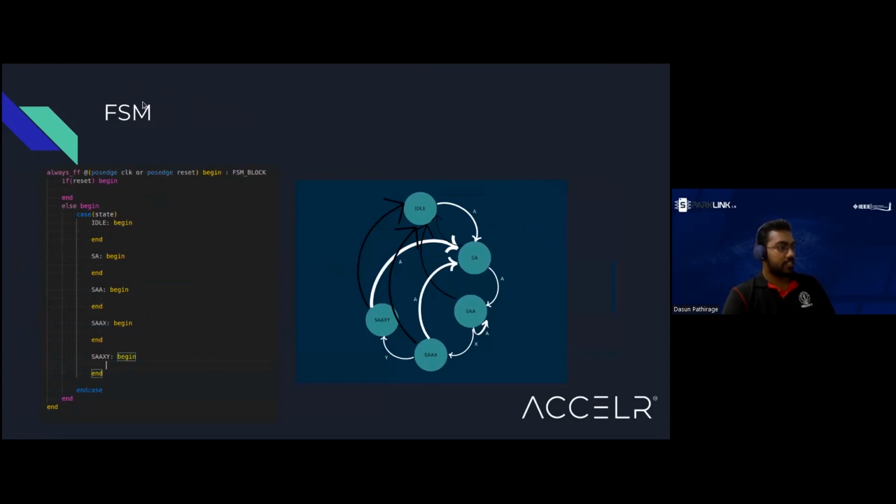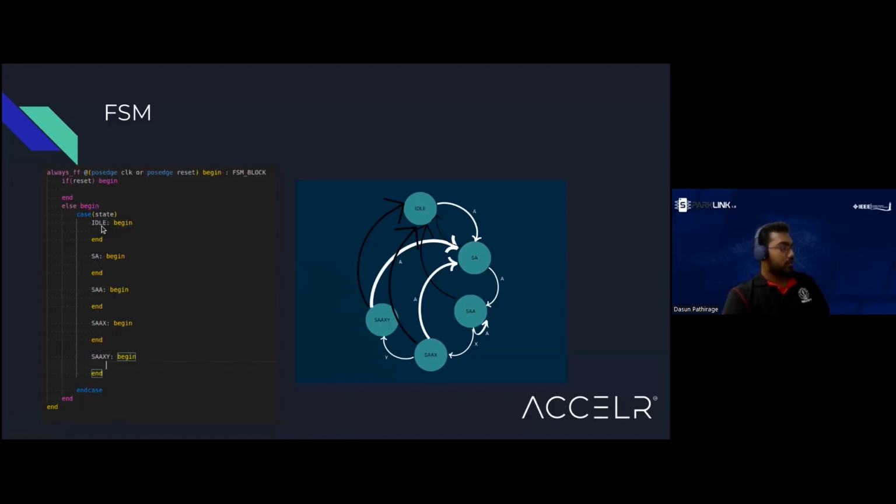Okay, so this is the FSM block that we talked about earlier. Here you can see our FSM block, the initialization. Like switch case in C++, we have case here in Verilog, and based on the state, it will change. Here you have idle state, state A, state double A, state AAX, state AAXY.